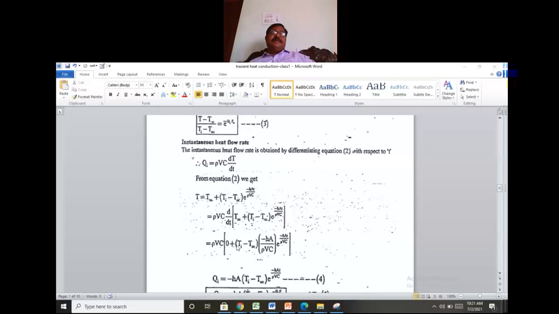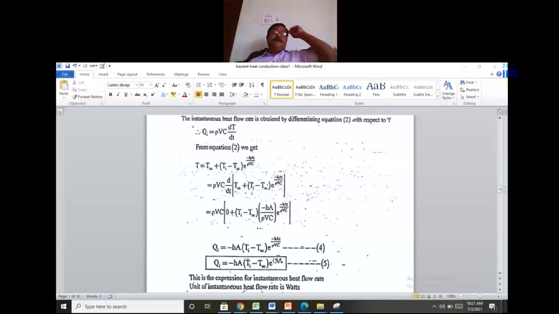By simplifying, the differentiation of this term with respect to time: T infinity is 0, plus (Ti minus T infinity) times minus hA by rho Vc e to the power of minus hAt divided by rho Vc. Qi is equal to minus hA (Ti minus T infinity) e to the power of minus Bi times Fourier number.